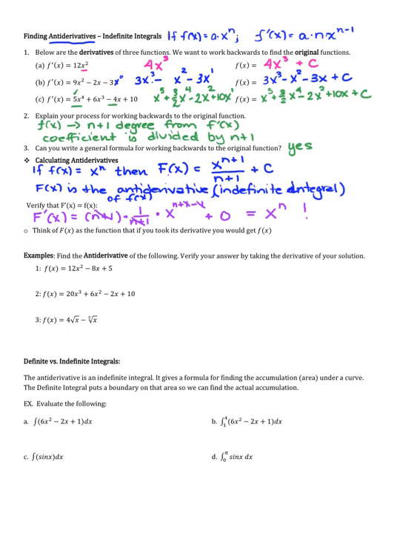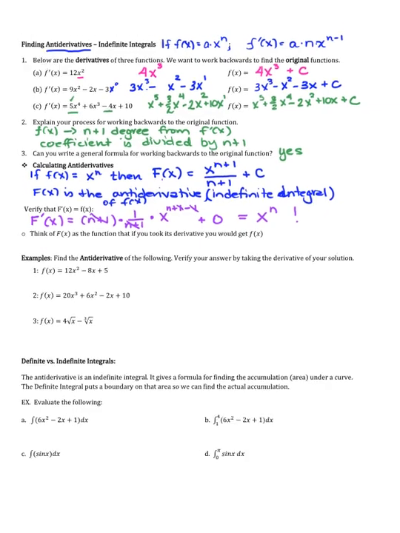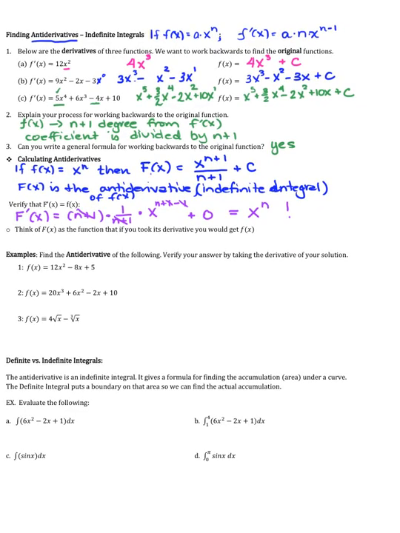So we're going to get ourselves a little bit of practice with this. Down here, number 1, I have f of x equals 12x squared minus 8x plus 5. So let's do these, show the work, and then we will simplify it. So big F of x, the antiderivative, is going to equal 12 times x to the n plus 1, which will be 3, divided by 3, minus 8.